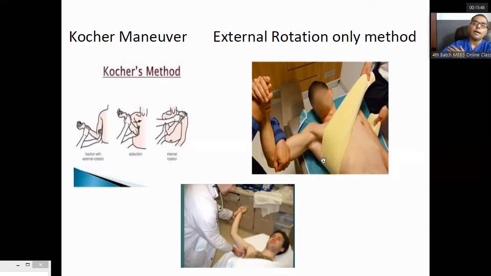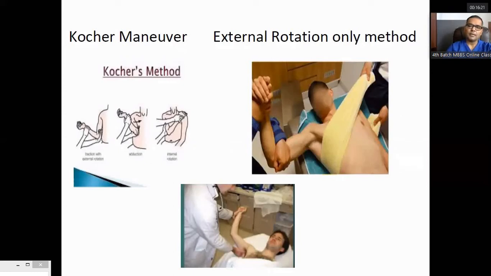Here we externally rotate in abduction, and when we see and feel the head of the humerus coming to the anterior aspect of the glenoid socket, then we just lift and adduct, internal rotate. That will reduce. Usually that is also not required in the external rotation only method. Only external rotation, when we go beyond 90, 100, 110 degrees of external rotation, it reduces itself.